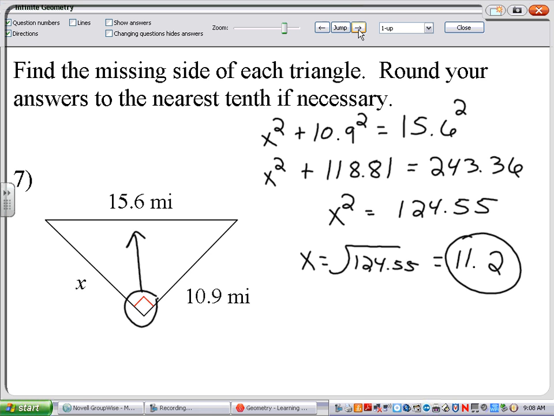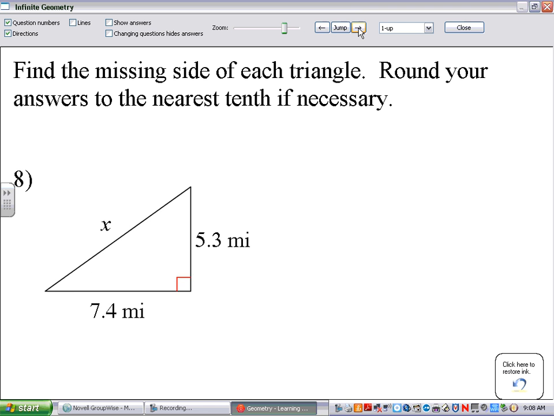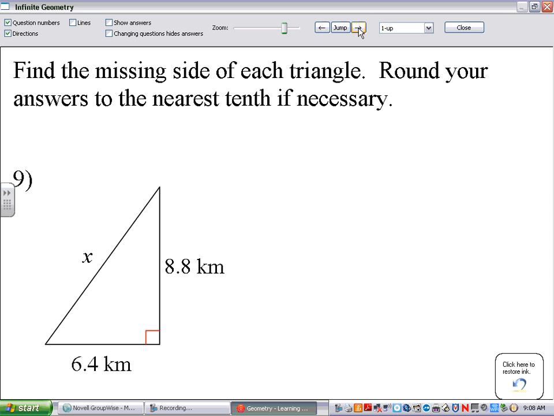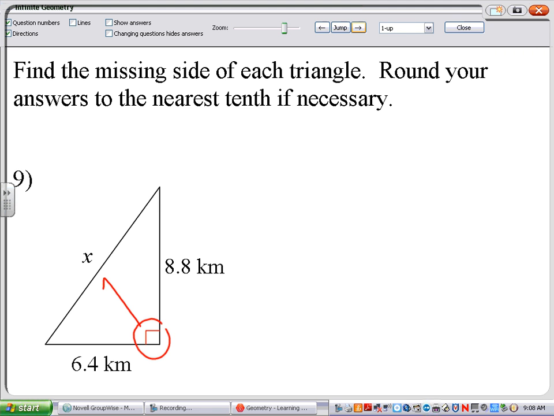Let's continue with number 9. Which one is my C? There's my right angle, and it's the X this time. So I'm going to write this as 8.8 squared plus 6.4 squared. That's A and B, equals the C squared, and I leave that as X squared. So 8.8 squared plus 6.4 squared, I just add those together. That's 118.4.